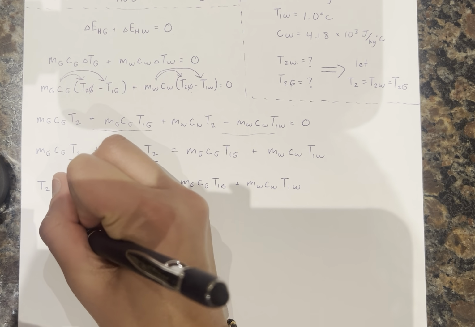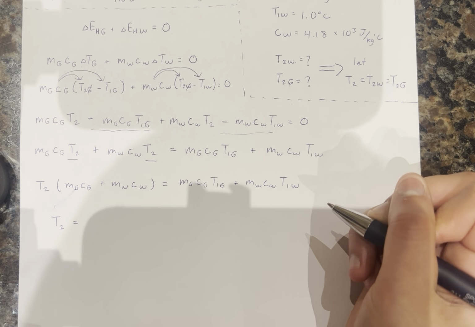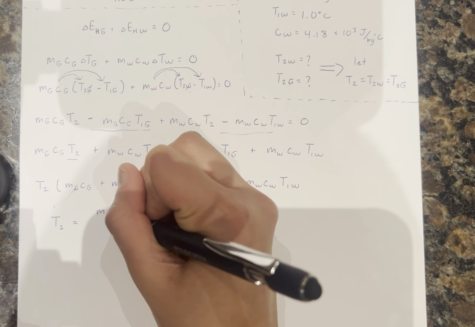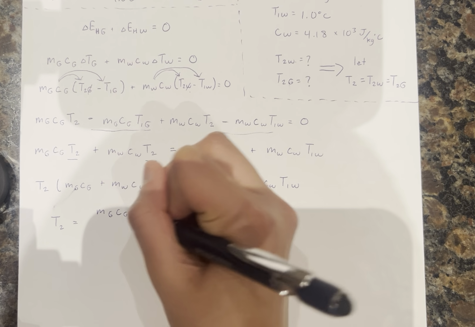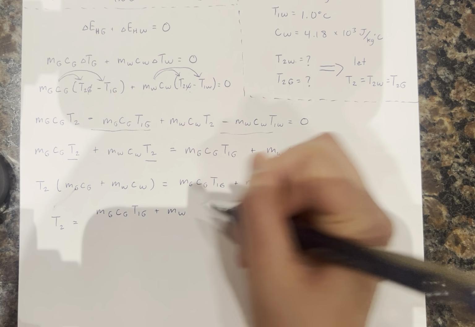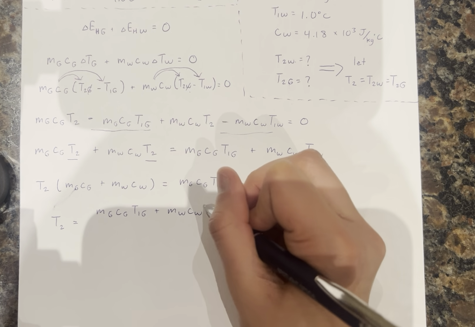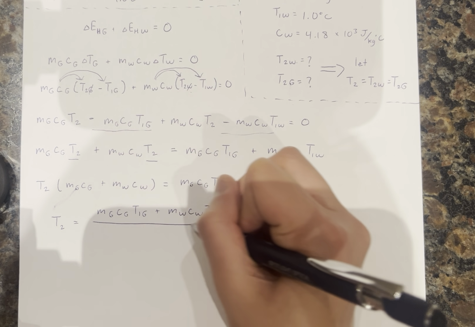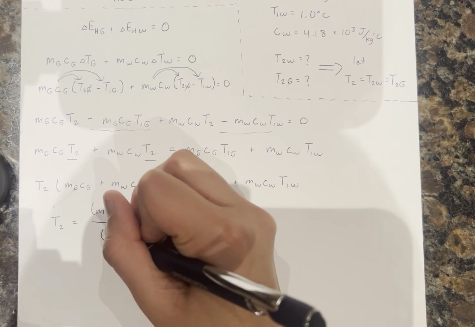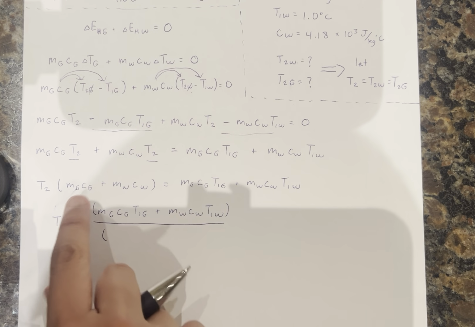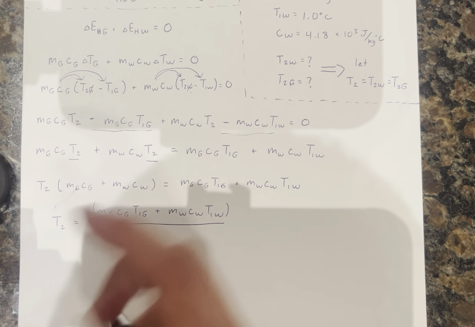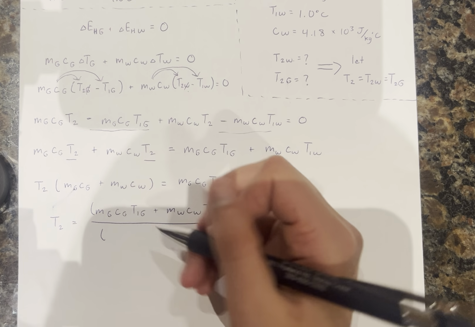So what it's going to look like is the mass of glycerin, Cg T1G, plus the mass of the water, Cw T1W, and then divided by whatever was on this side, because we divide both sides by this, and then on this side, whatever's in the bracket cancels out, and then we're left with T2 on its own.